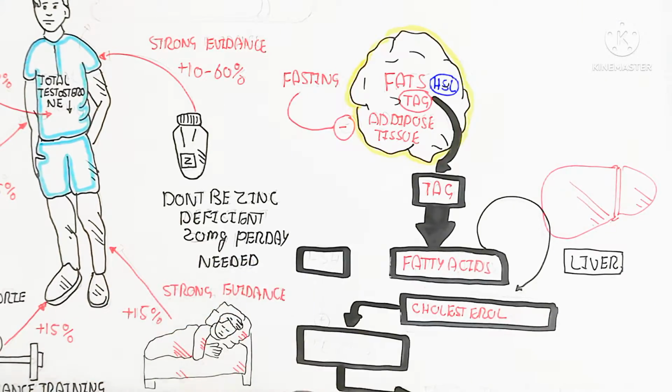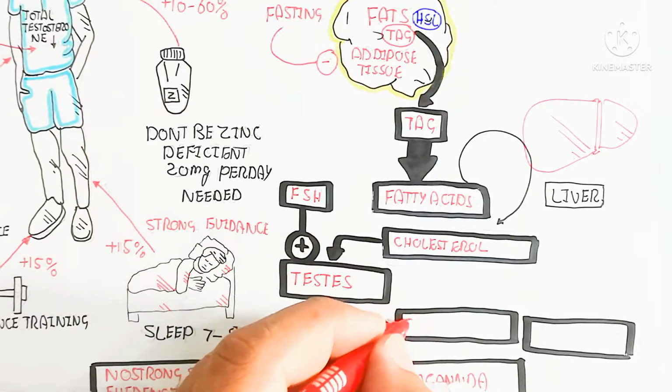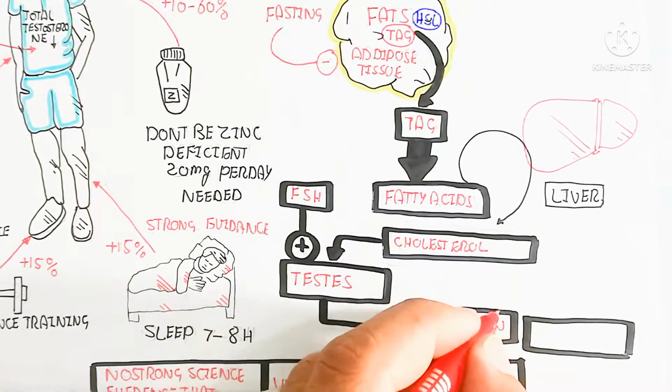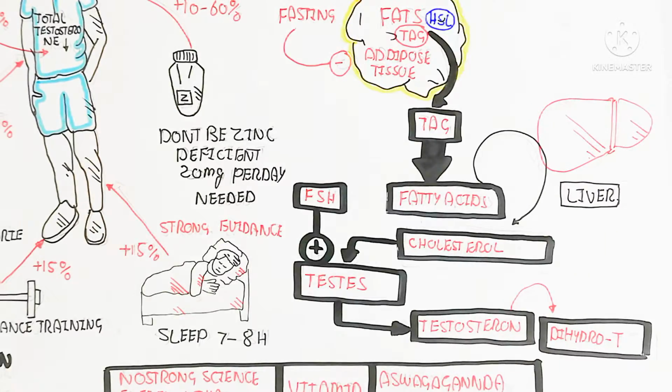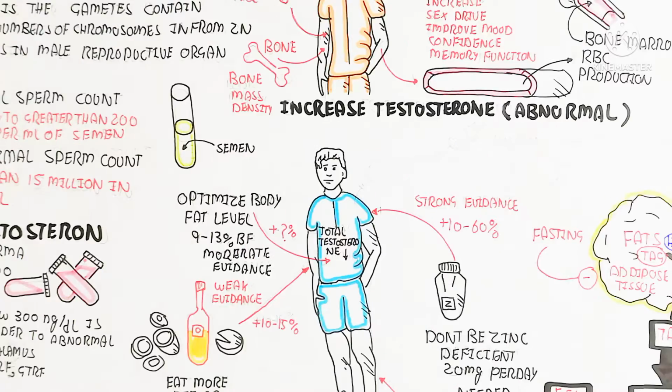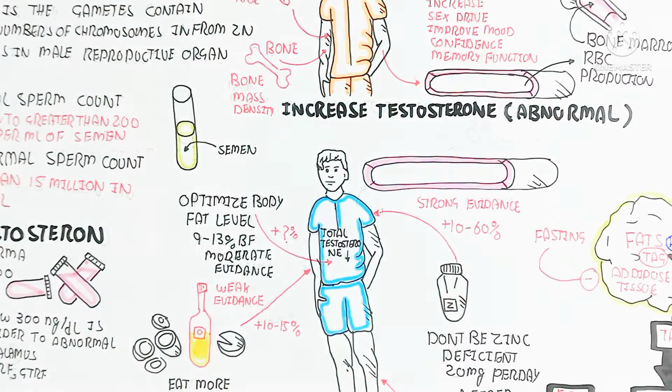This cholesterol production goes directly to the testes, and the testis synthesizes through the Leydig cell, which binds with follicle stimulating hormone to produce testosterone and dihydrotestosterone. So this is the mechanism.